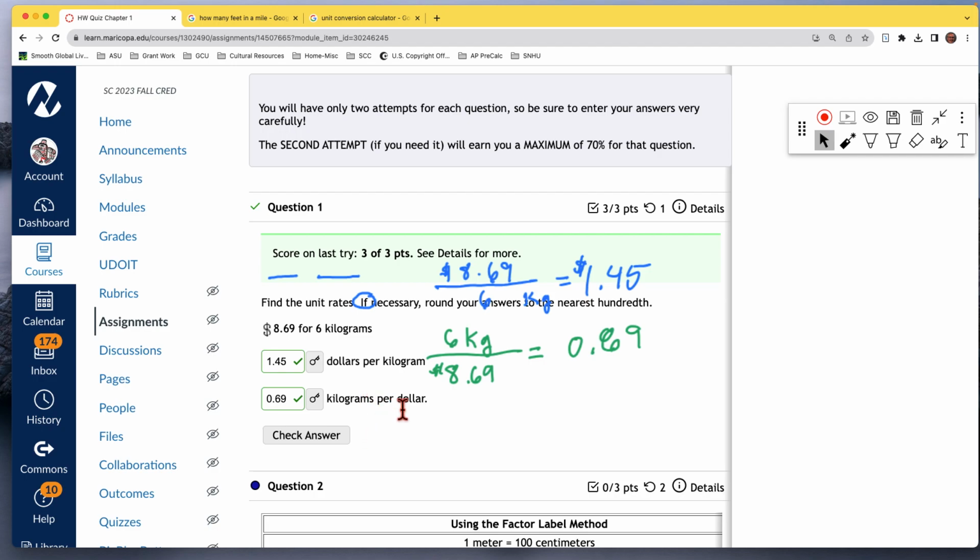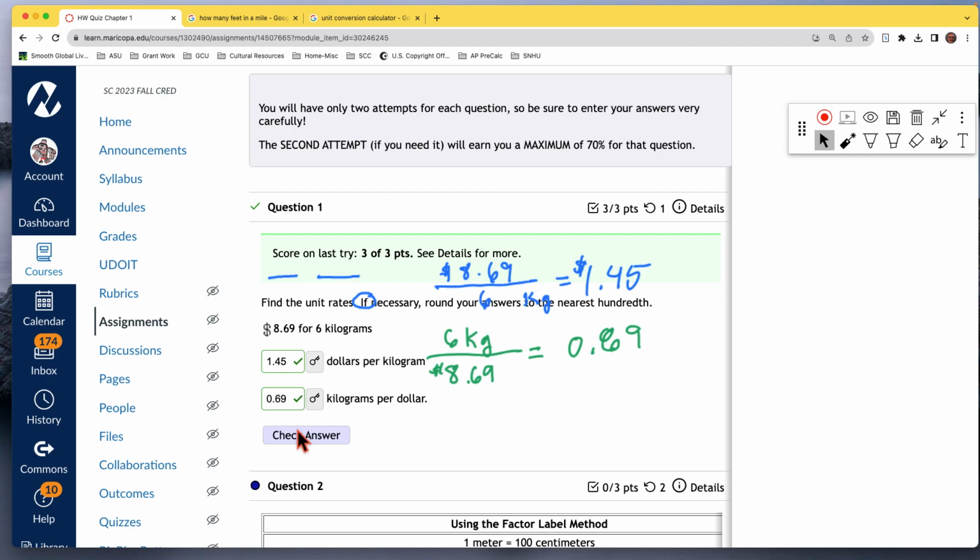So again, what's happening here is for the unit rates, it depends. If I want 1 kilogram, then I want to know how many dollars per kilogram that 1 kilogram is going to be. I need $1.45. If I've only got $1 to spend, I want to know how much I can get for my $1, and that's what this second one is telling me. I can only get 0.69 of a kilogram if all I got is $1.